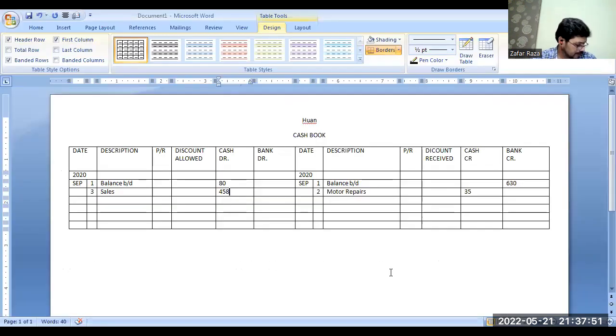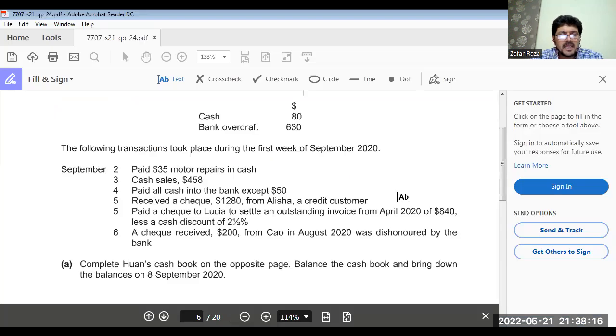We have 80 plus 458. Total 538. 538 minus 50. Paid all cash into bank on the 4th except $50.